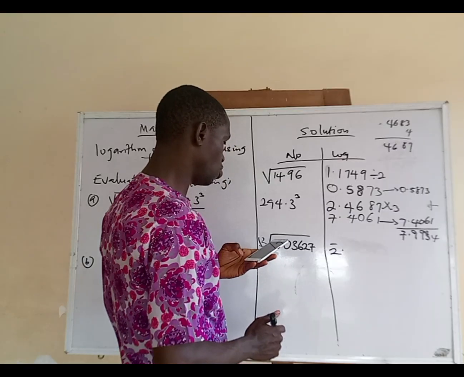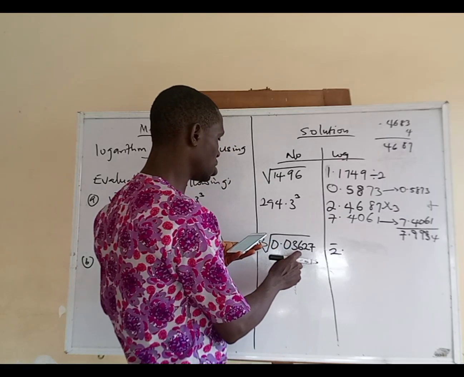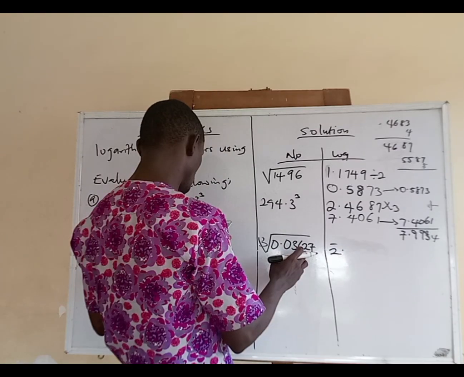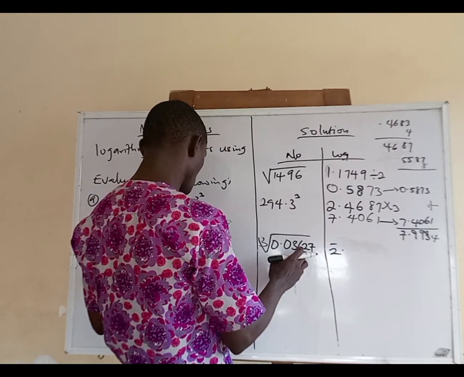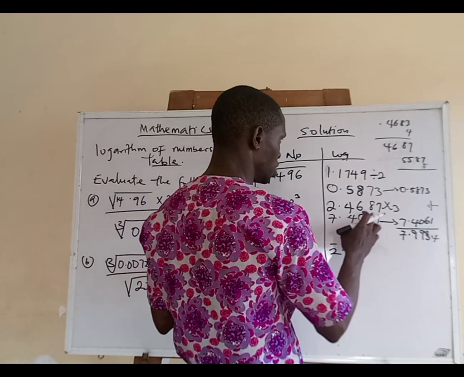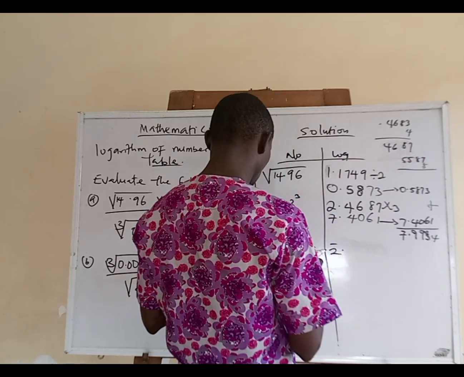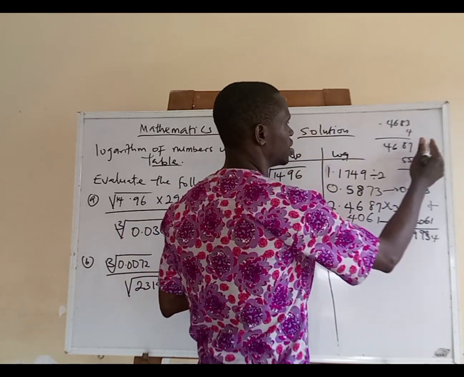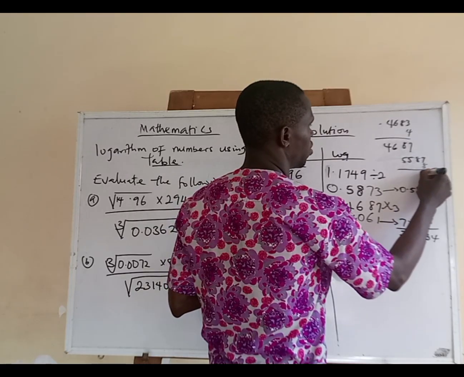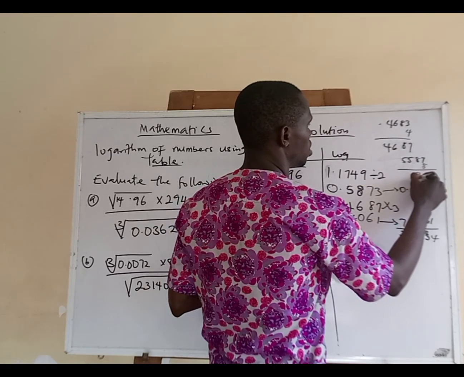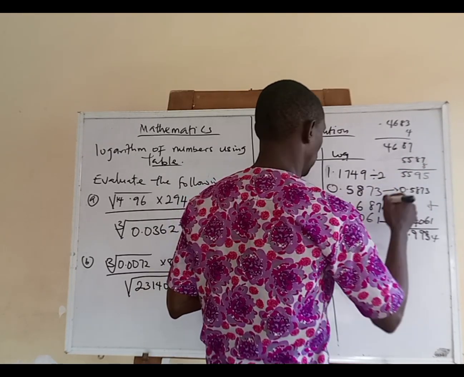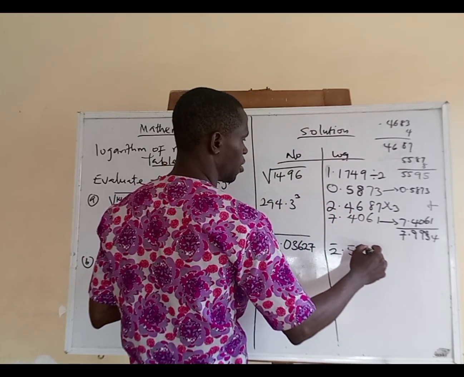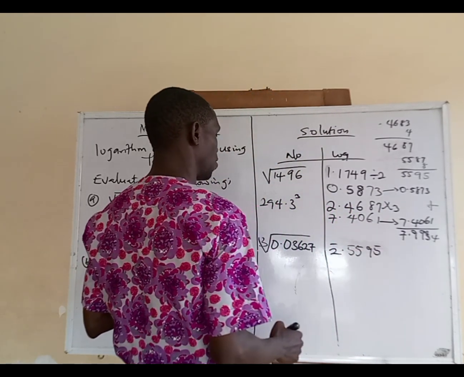So you check your table, that's 36 under 2, difference 7. 36 under 2, that's 5587. Then we check the difference 7, that's 8. So now let's add. This plus this, that's 0, 5 keep 1, add 1 to this, 9, 5, 5. So that's bar 2.5595.